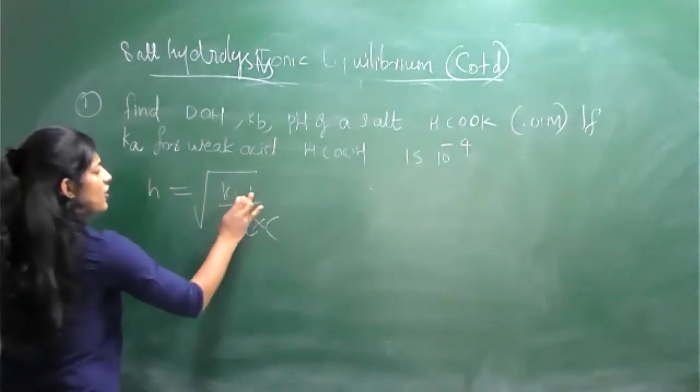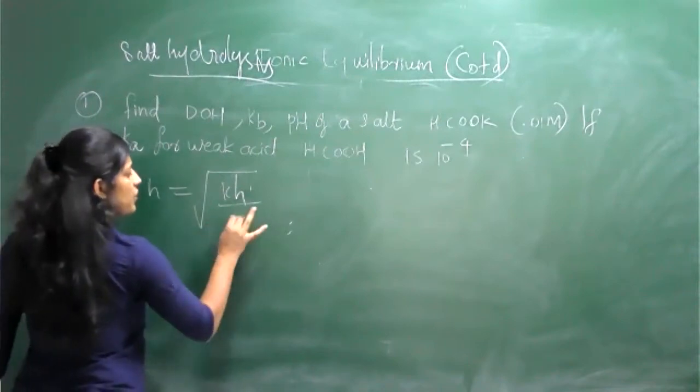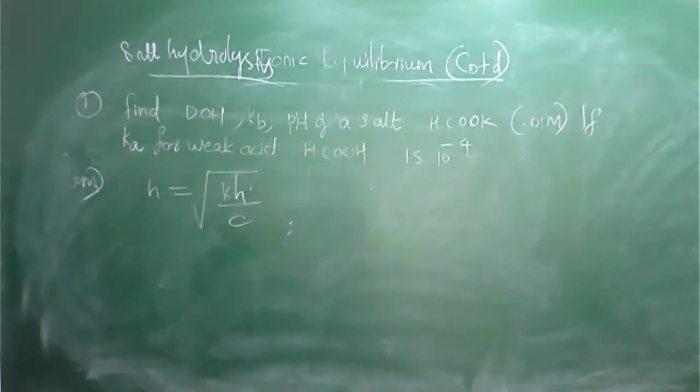Is there any direct formula? Kh upon C is there. Then substitute. Kh you don't have, but you know some concept. Kw means ionic product of water.